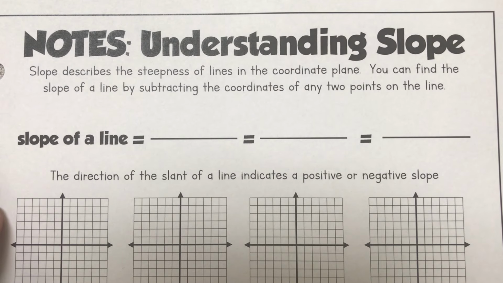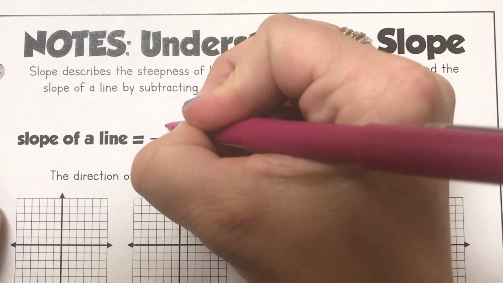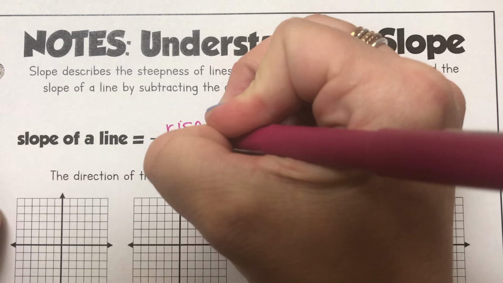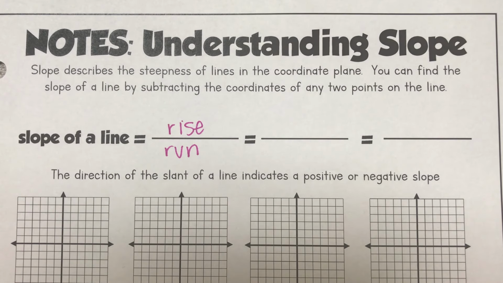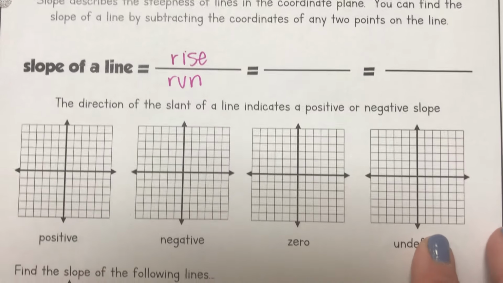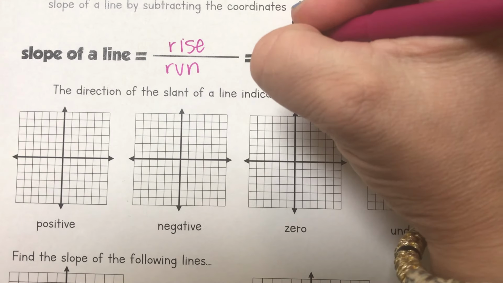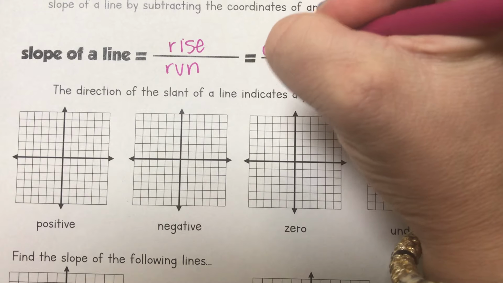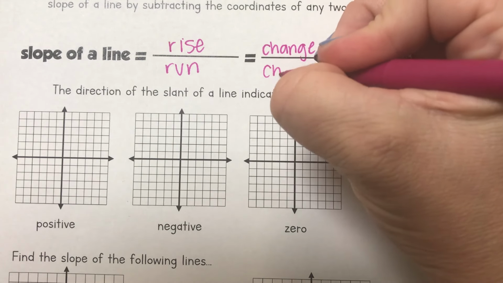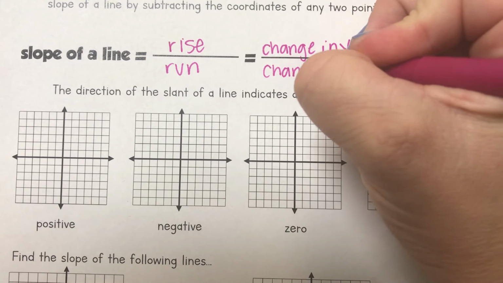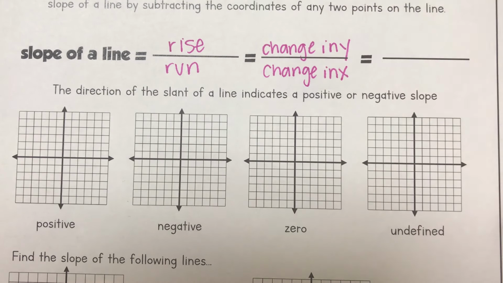Okay, I think the easiest way to describe slope is rise over run. A more exact way of saying rise is the change in y, and run is the change in x, right?